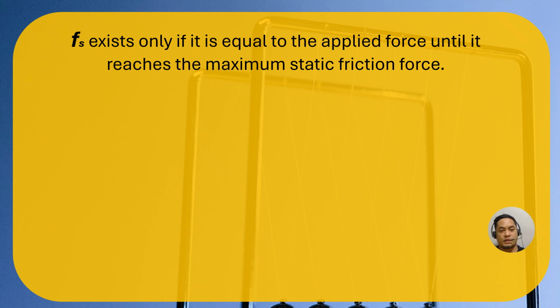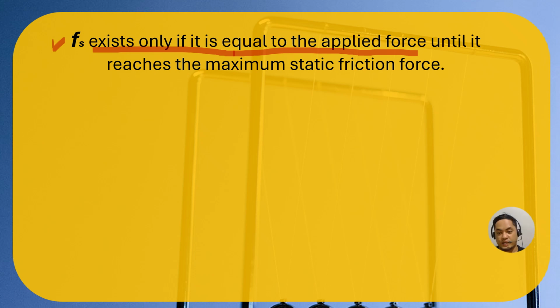Our North Star here, Fs, the current static friction, exists only if it is equal to the applied force. If it's not, of course, forces are unbalanced, because the applied force is no longer equivalent to our Fs, or static friction.